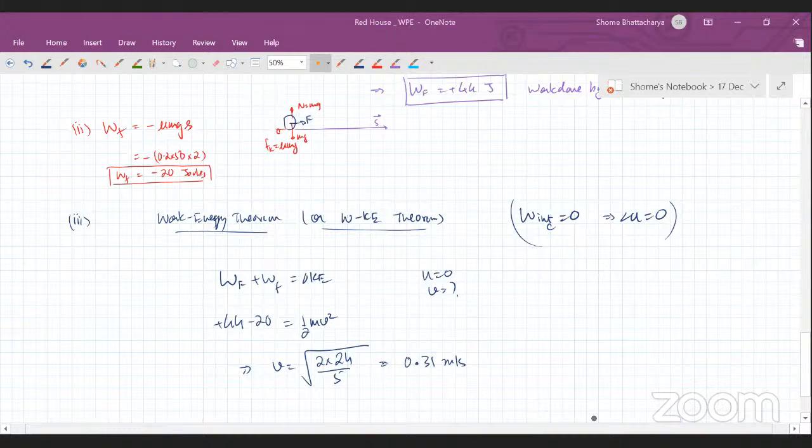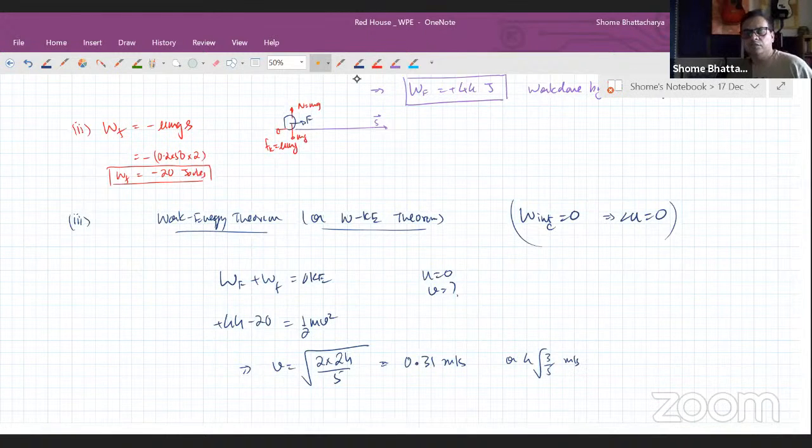You can also write this as... okay. So anyway, this is an example of the application of the work energy theorem, or in this case, you can also say it is the application of work kinetic energy theorem, because really there is no potential energy change or work done by any conservative force involved over here.